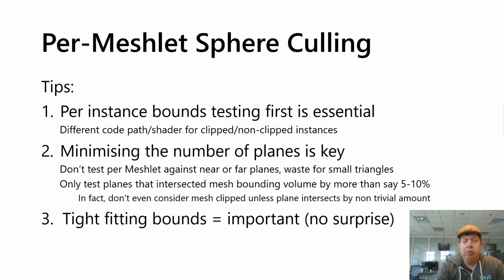The meshlets are sufficiently small that just the 4 main planes would do. And then only planes that intersected that sphere are transmitted, and only if they intersect by a non-trivial amount. So if they're only just glancing the sphere by, say, 5%, then I don't bother sending that plane. And then, of course, finally, the best fitting bounds you can come up with, the smallest volume, the better. No surprise to anyone.